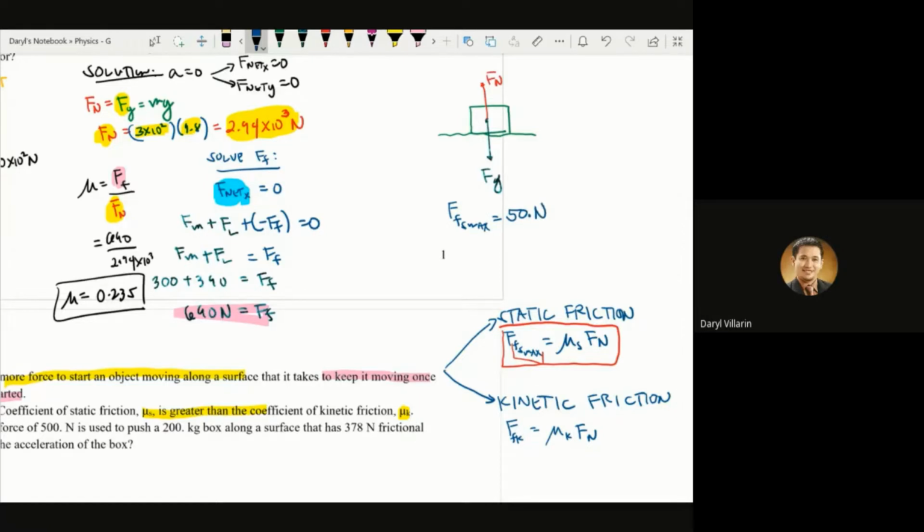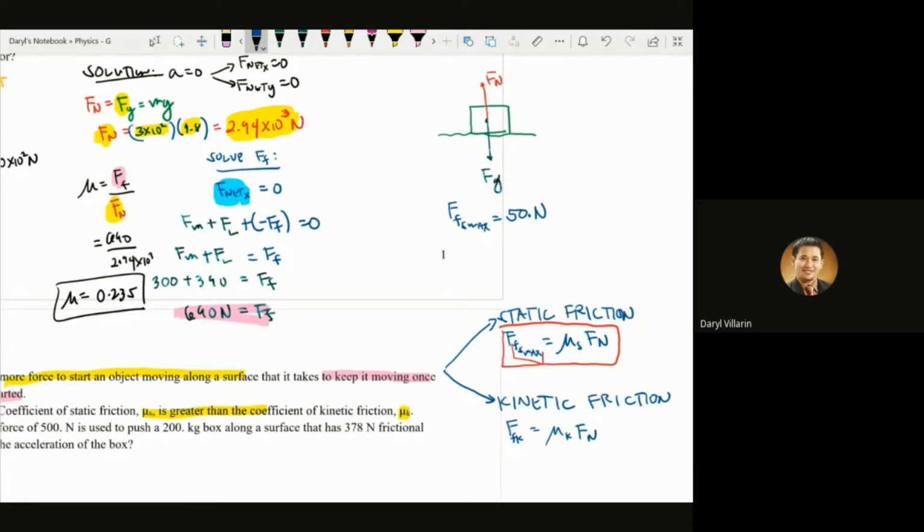So in this particular example, the maximum static friction is 50 newtons. Meaning that you can only move the object once you overcome that 50 newtons.